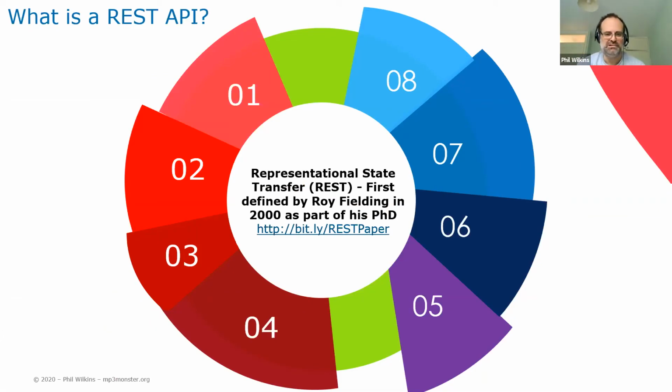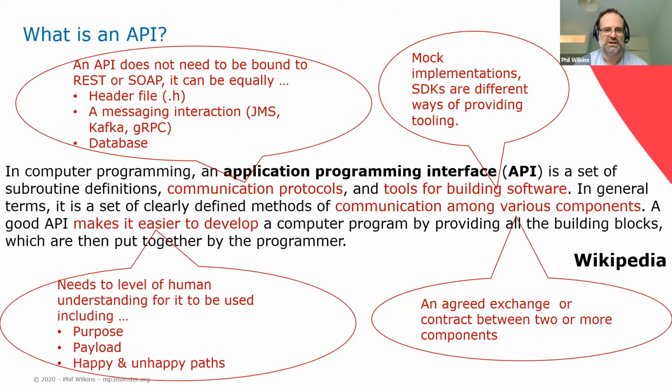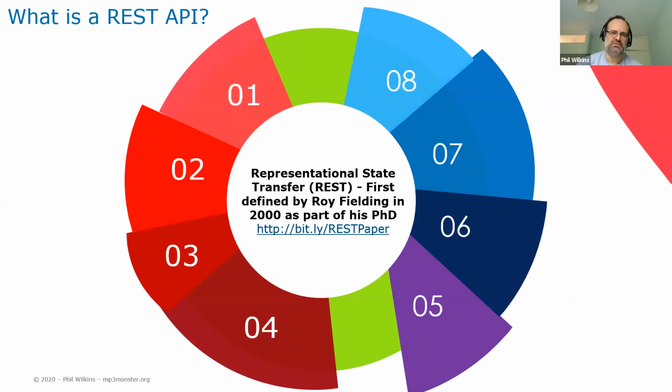I deliberately made reference in the previous slide to JMS and Kafka and shared databases and even shared files. The underlying principles and objectives that we talk about can influence those technologies and their use as an API medium. But we're going to focus on REST, because that's the most common way to offer an API. So we are going to talk about that.